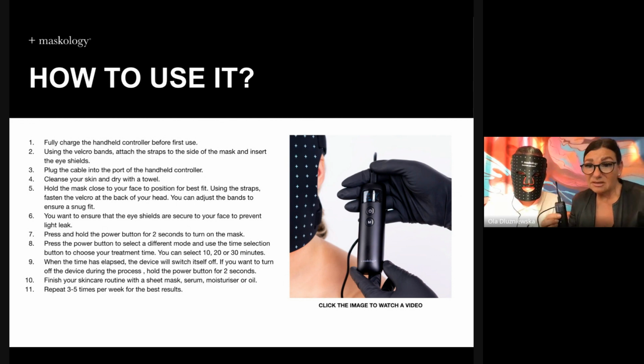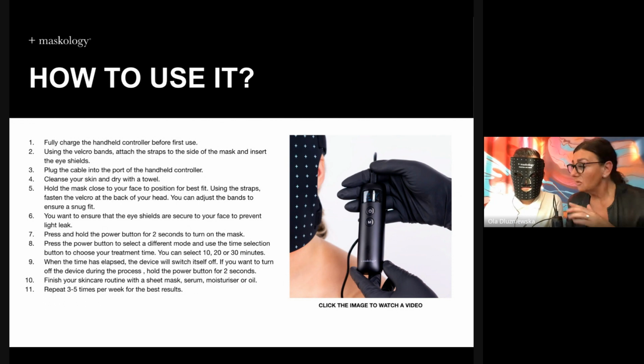Your top button is the controller for all of the colors. So if we click through, there's the blue light, there's the yellow light. Now the near infrared, we can't see with the naked eye because it works on the highest frequency. So it enters the body at a much deeper level.